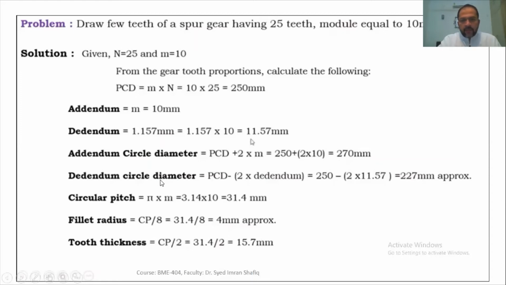Dedendum circle diameter, which is PCD minus twice the dedendum, comes out to be 227 mm. Similarly, we will calculate circular pitch, fillet radius, and tooth thickness. So from the given data and the formulas, we have calculated addendum, dedendum, addendum circle diameter, dedendum circle diameter, pitch circle, fillet radius, and tooth thickness.